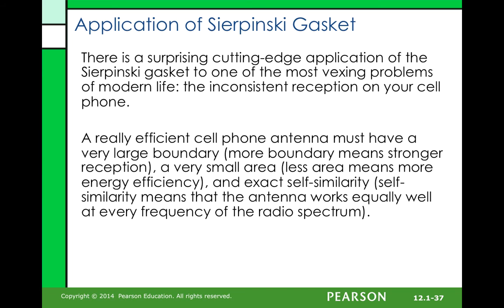Okay, so just to sum up, a good cell phone antenna needs to have a large boundary for better reception, but small area due to energy efficiency, and it needs to have self-similarity because you have to be able to zoom in or zoom out on the radio spectrum arbitrarily.